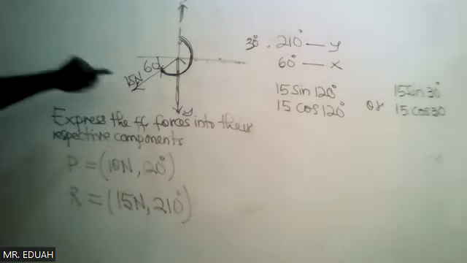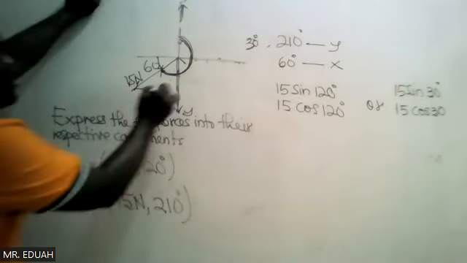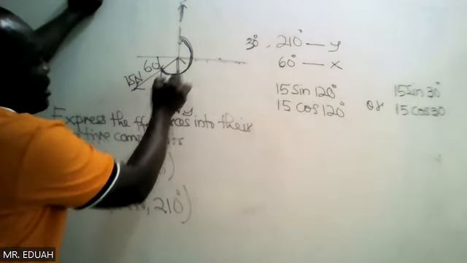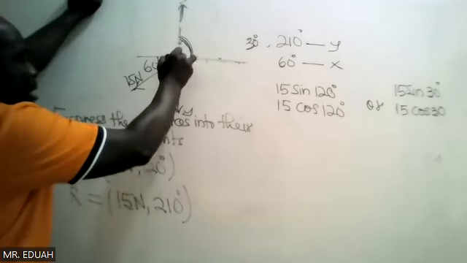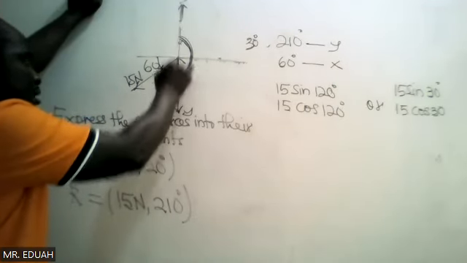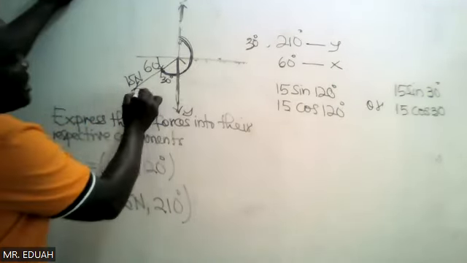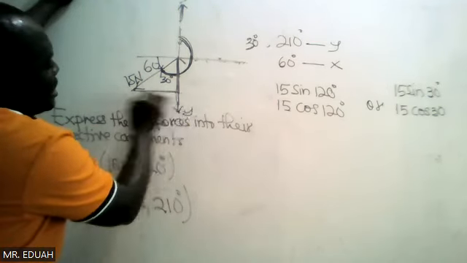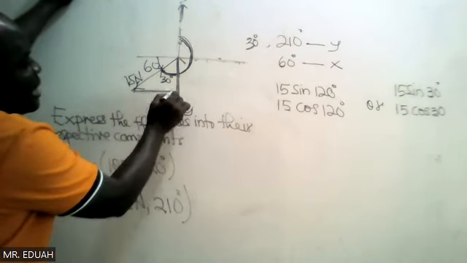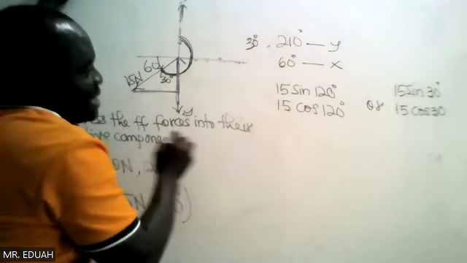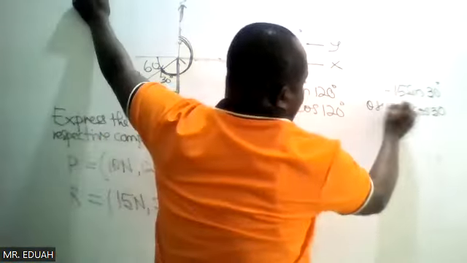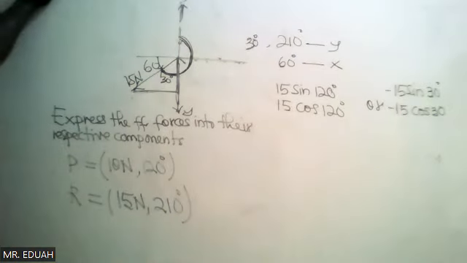But look at something. If we consider the acute angle it makes with the y, on this side the x component is negative, the y component is also negative. So minus, minus has to be applied.